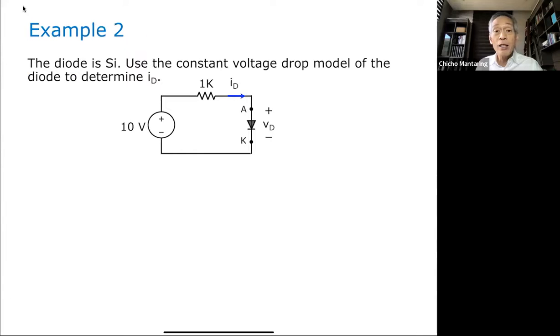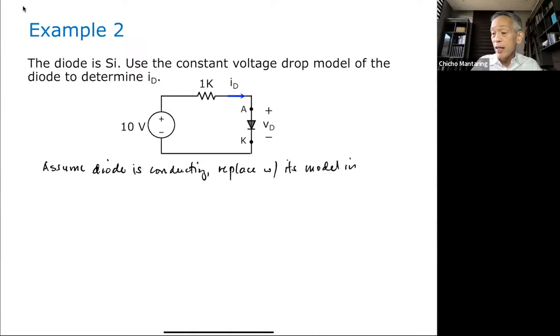This time, let's use the constant voltage drop model of the diode to determine I sub D. We start with the assumption, using the method that we studied, that the diode is conducting. So you replace it with its model in the conducting state.